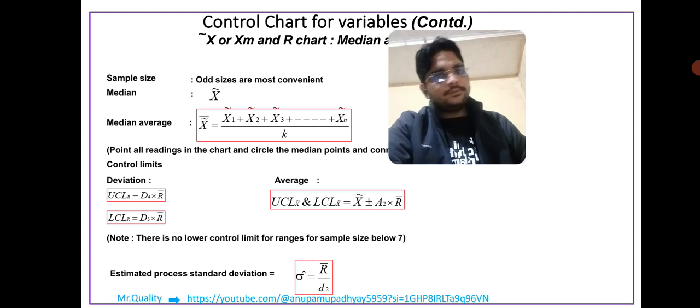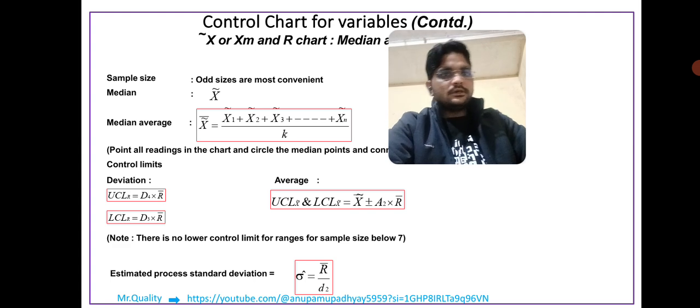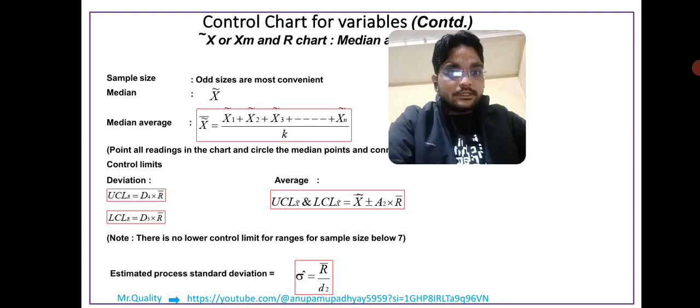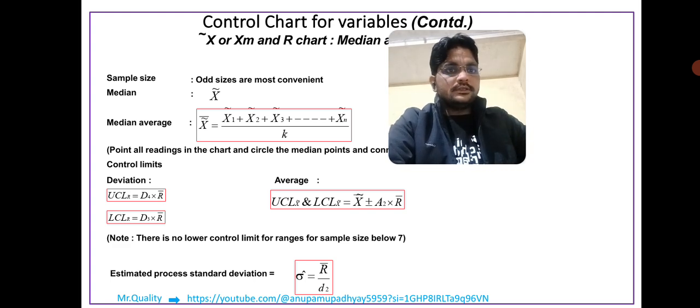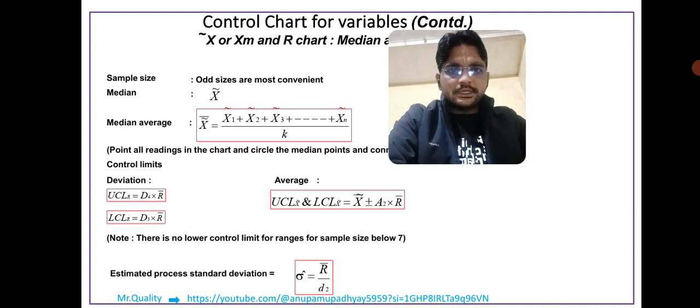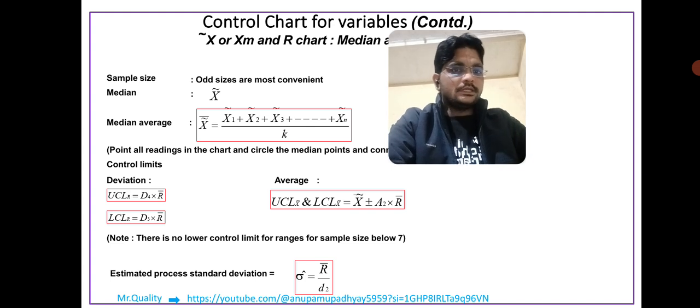For average, UCL is XM double bar plus A2 R bar, and for the lower control limit, it is XM double bar minus A2 R bar. Note there is no control limit for ranges for sample size below 7, as usual in X bar R chart. Estimated process standard deviation sigma is R bar divided by D2.